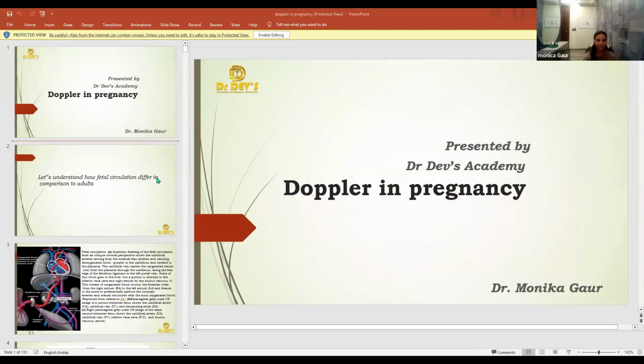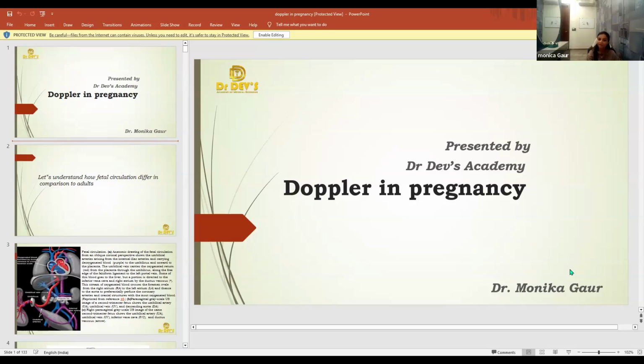Yeah. Okay, perfectly fine. So before explaining fetal circulation, I believe you all have the idea of adult circulation, where we have two atria and two ventricles, and we know oxygenated blood is carried in arteries and deoxygenated blood is carried in the venous system, then goes to the lungs, oxygenation happens, and it comes back to the tissues.